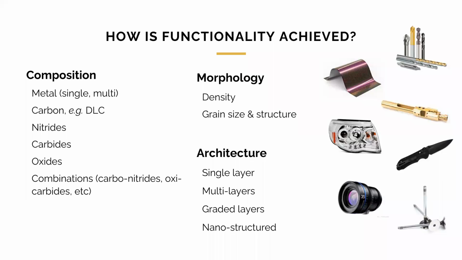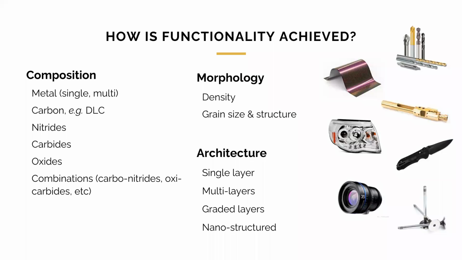But you can add to that by changing how that coating is deposited. So density of the film, grain size, and structure also affect how that material behaves. And finally, the architecture. What I mean by that is you can have a single layer, right? You can have just that composition. We talked about titanium nitride, which I think is the most well-known coating for mechanical applications that I can think of. You can have just the titanium nitride, but you can have multi-layers, for instance titanium nitride alternating with another layer, and so on and so forth.